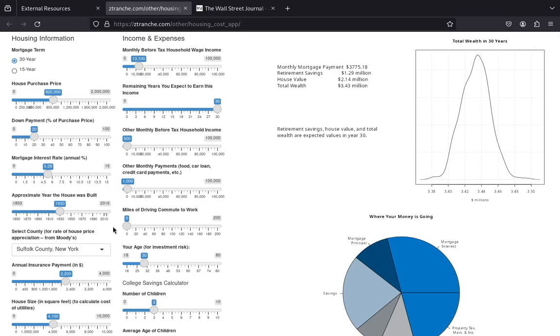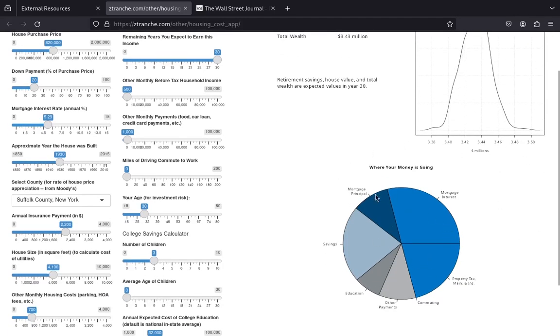And then it gets that and runs a Monte Carlo, and it gets your average or expected retirement savings, total wealth, and so forth, and how much of your wealth is going to be in your house. It gives you expected values. This is actually the distribution. So the idea here, it's running a Monte Carlo, so we expect your total wealth to be 3.43 million, anywhere between 3.4 and 3.48 million.